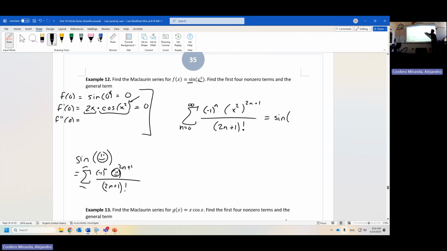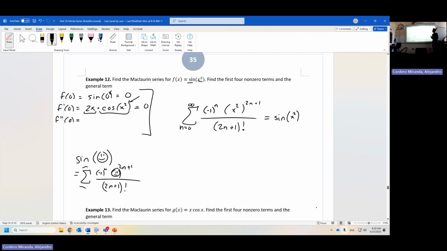Whatever's inside the argument for sine will be inside the argument for the series, because they're equal to each other. If this side equals this side, that's the truth.